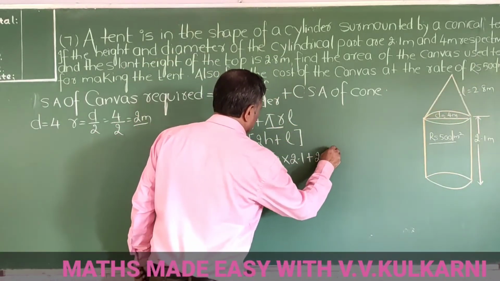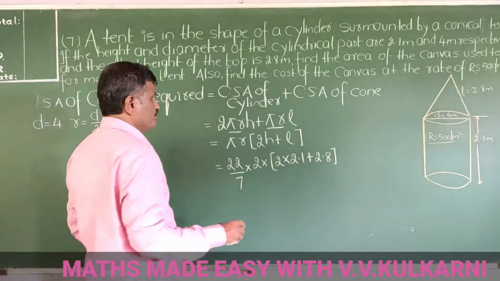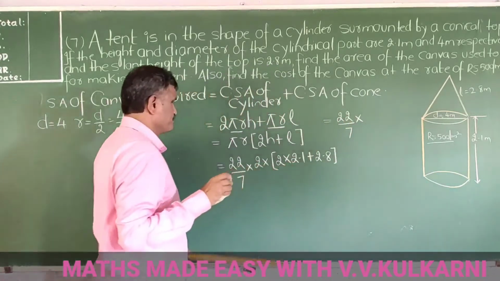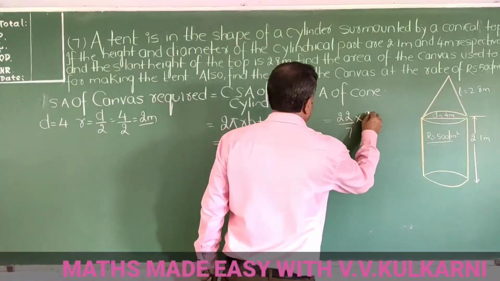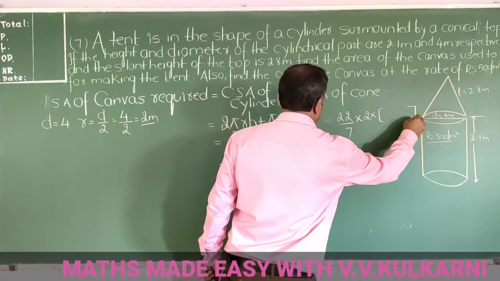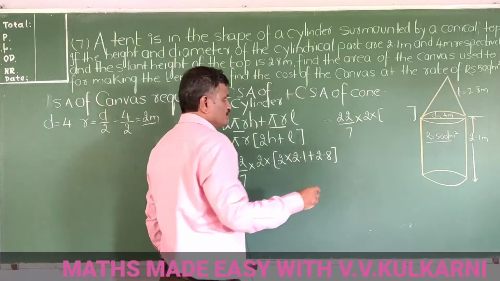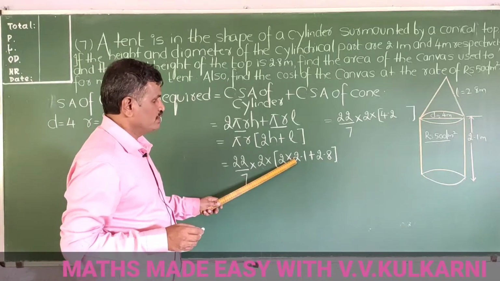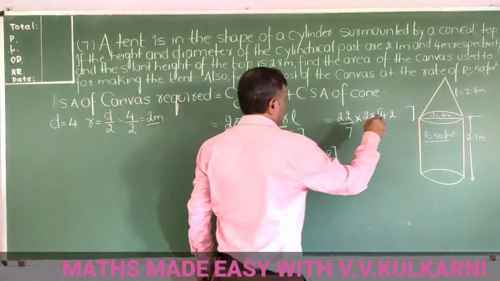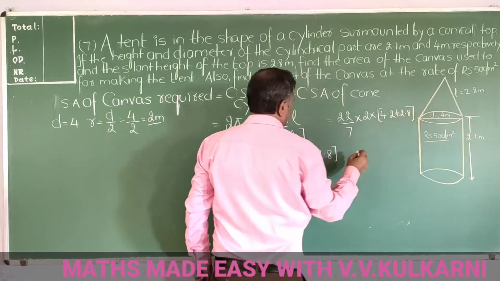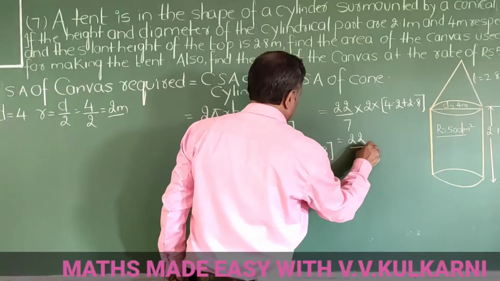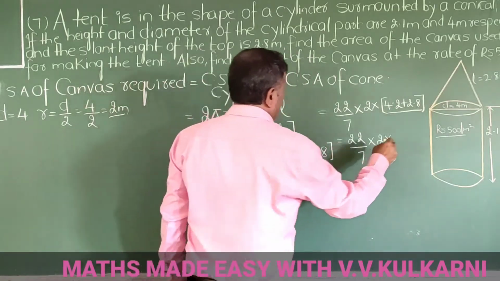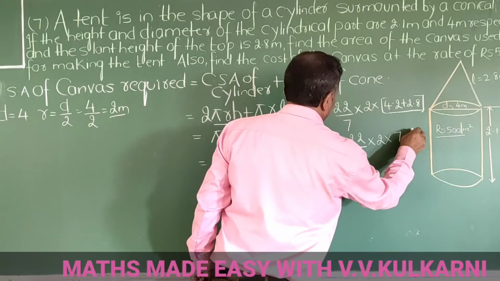Now this if you simplify children, 22 by 7 multiplied by 2 multiplied by 2, and here 2 multiplied by 2.1 is 4.2 plus 2.8, which will be equal to 7.0 or 7.